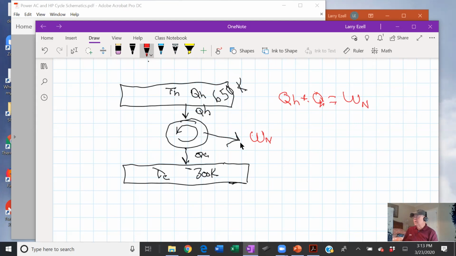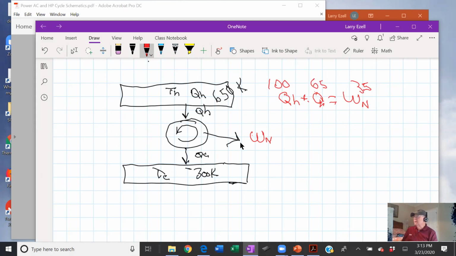Now let's say QH was 100 units. I'm sorry, that's QL right there. QL was 65 units. So work net would be 35 units. Could be kilowatts, megawatts, horsepower, whatever.